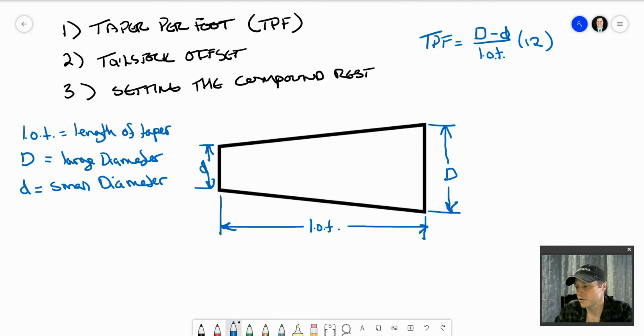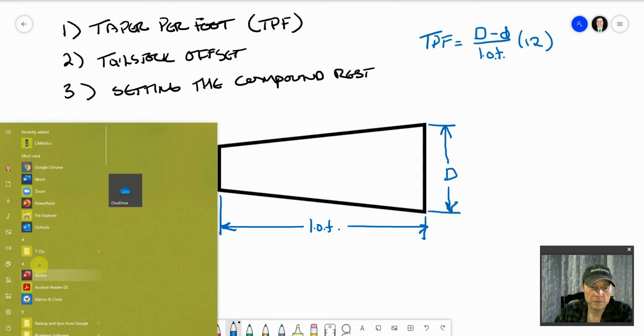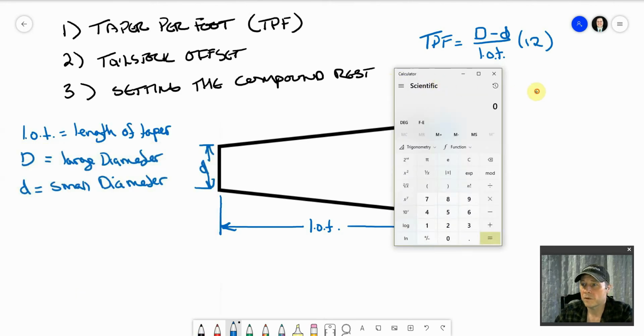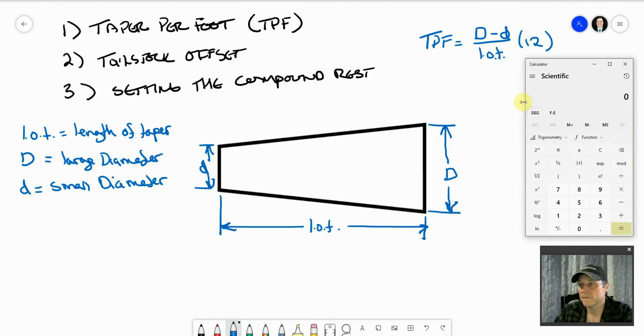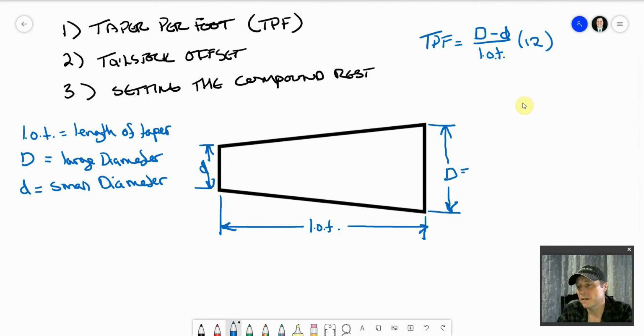Okay, so just as an example, let's pull up the calculator, and we'll just put it over here for a sec. So let's imagine that your big diameter equals, let's say, 3 inches, and let's say your small diameter equals 2.4 inches, and let's say the length of taper is 6 inches.